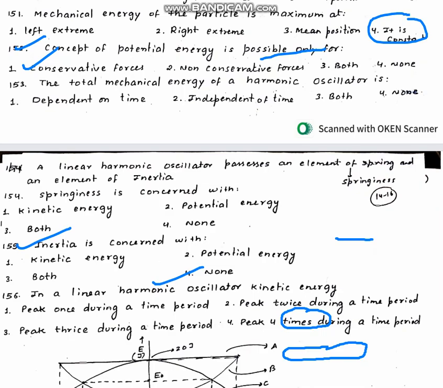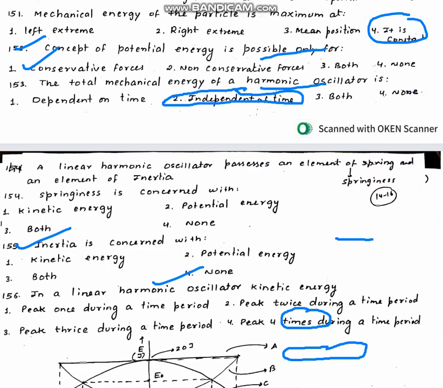So when non-conservative forces are there, that energy gets dissipated in terms of heat or sound, and it is not possible to bring them back within the system itself. So this concept is only possible for conservative forces. Next is the total mechanical energy of a harmonic oscillator is. So total mechanical energy remains constant and it is independent of time.